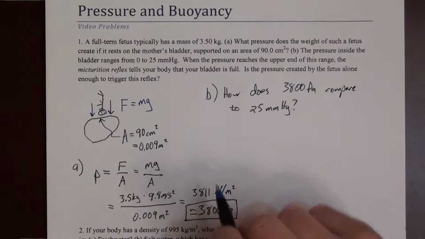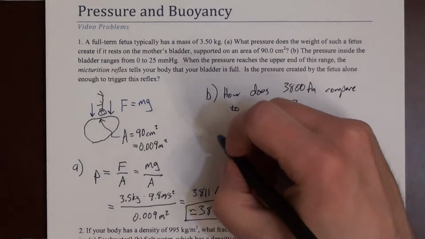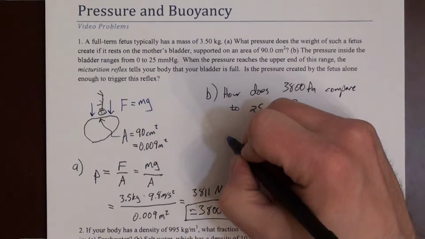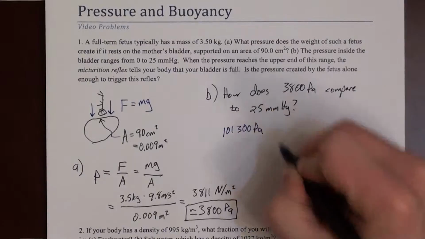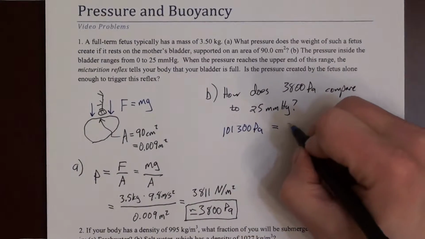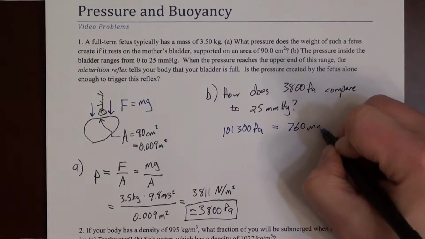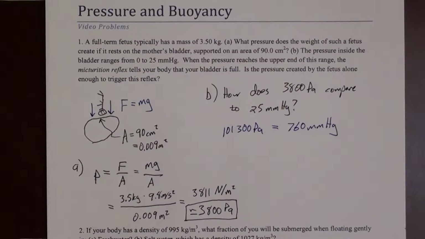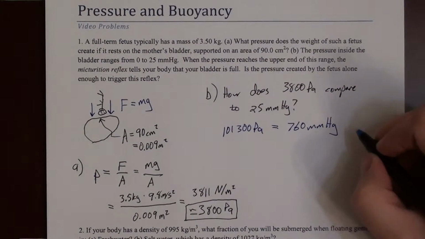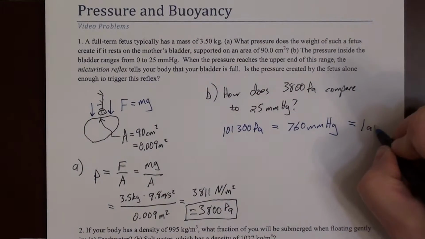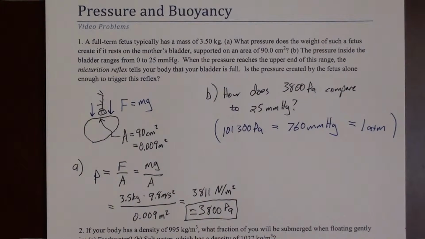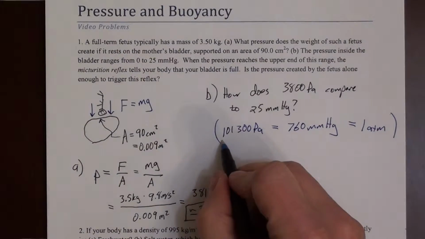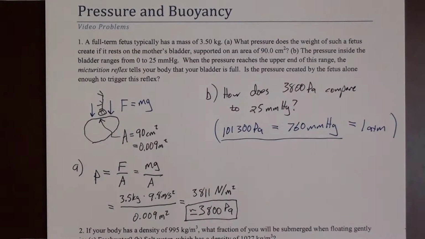Okay, so I need the conversion factor, and it turns out that 101,300 pascals is equal to 760 millimeters of mercury. All right, and in fact, those are both equal to 1 atmosphere. So this equality is my conversion factor.